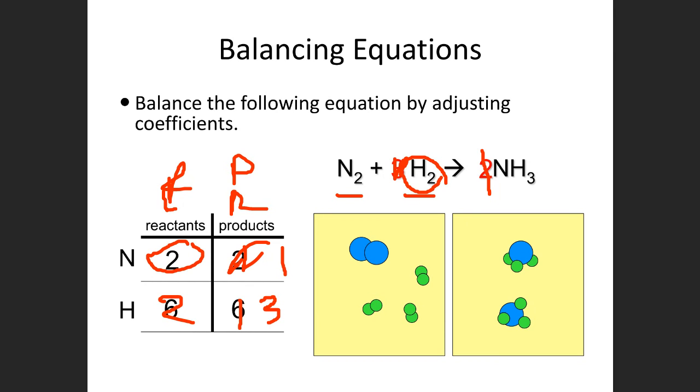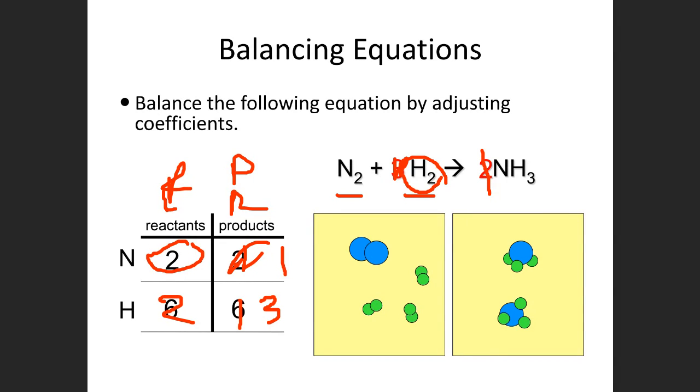For example, here is 3 hydrogen and this side is 2 hydrogen, correct? So if we put the 2 here, we will have 2 times 3, hydrogen 6. And automatically nitrogen will become balanced. Got it? So automatically nitrogen will be balanced.